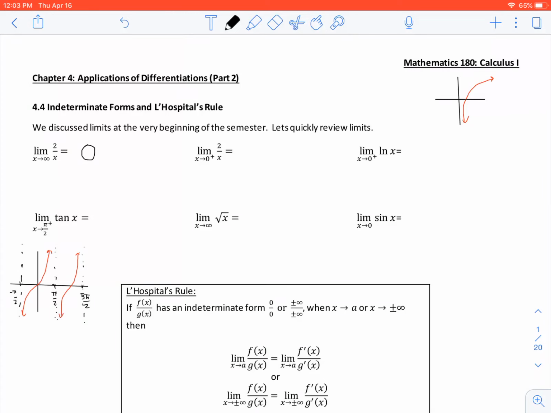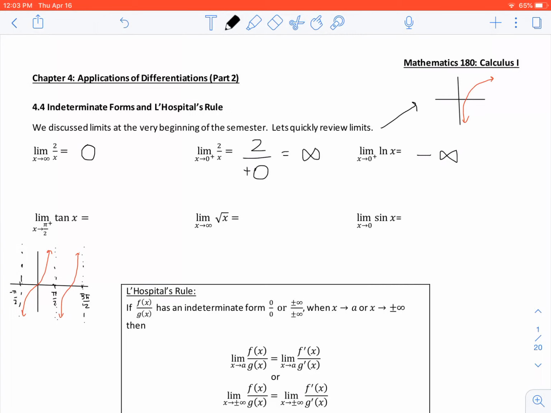The next one says 2 over x coming in from the right. So we would have 2 over 0. And if you're approaching 0 on the right side, that is a positive 0. And so this is going to be positive infinity. The limit as x approaches 0 on the right of the natural log, if you look at the graph up here, this is going down to negative infinity.